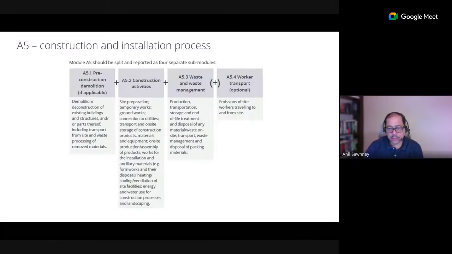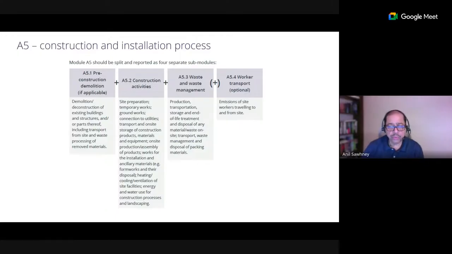A5.2 is essentially construction activities, everything and anything to do with actual construction. So your concrete pumping, excavators, perhaps forklifts, or any other construction-related activities would be found under A5.2.